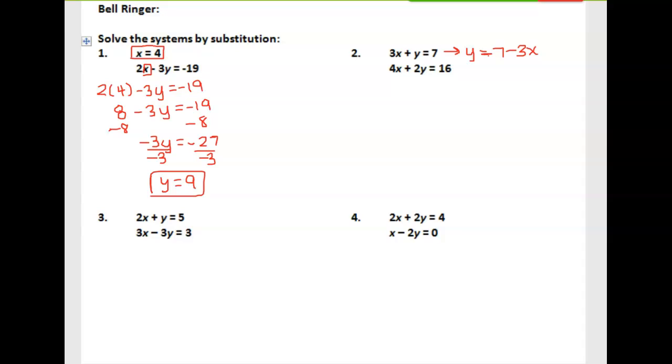So we're going to replace y with 7 minus 3x. And then you have 4x plus 14 minus 6x equals 16.